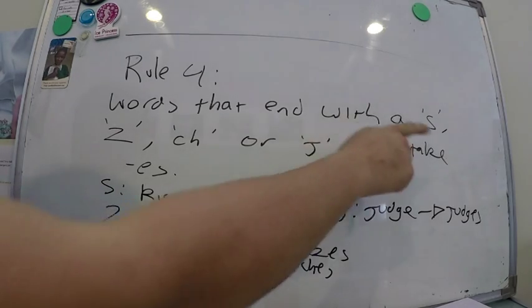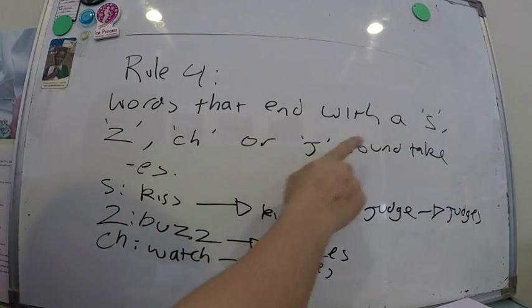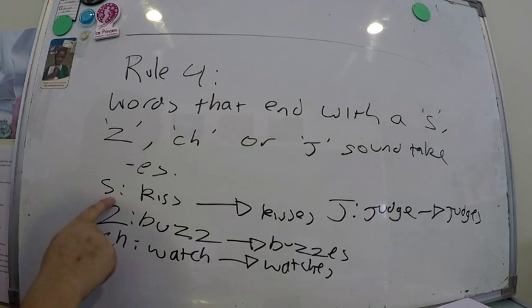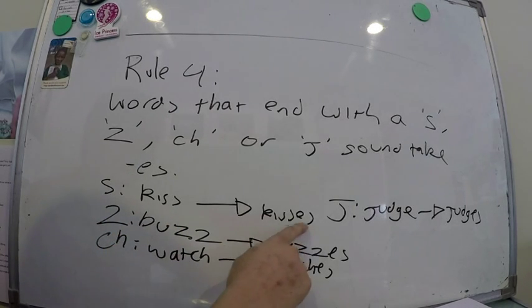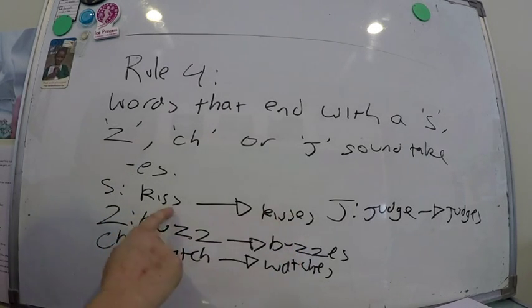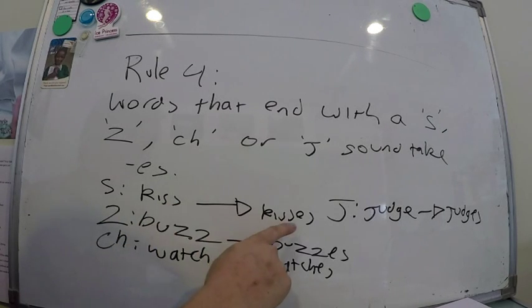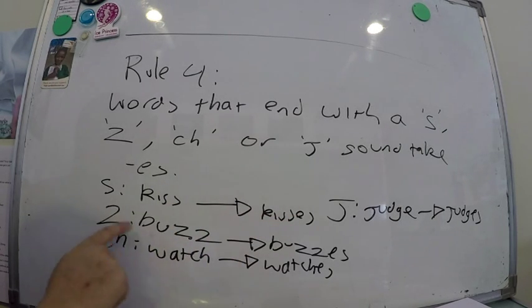It ends with an S, Z, CH, or J sound. So with the S sound, kiss, the singular noun, becomes kisses with an ES because it ends with an S sound. Buzz becomes buzzes because it ends with a Z, buzzes, ES.